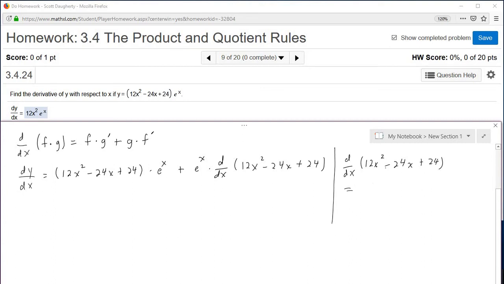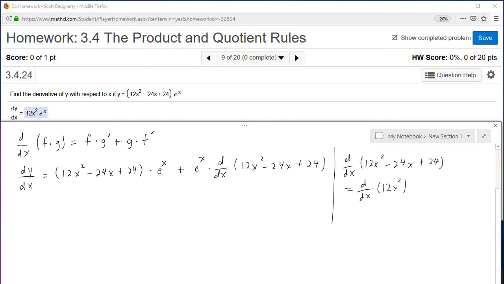Okay, so to find the derivative of this function here, there are rules that you can use for derivatives. One of the rules says that you can break up derivatives across subtraction and addition. So I can write this derivative as the derivative of each of these individually, and then add or subtract as appropriate.